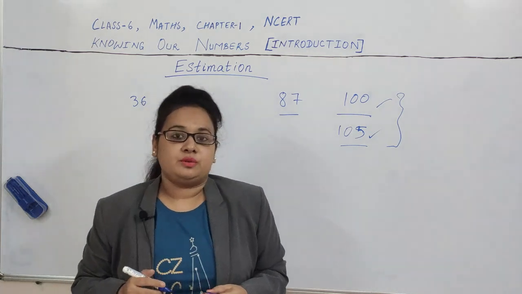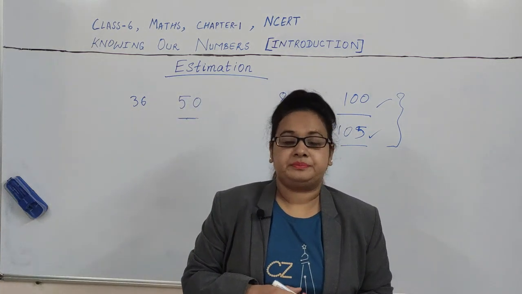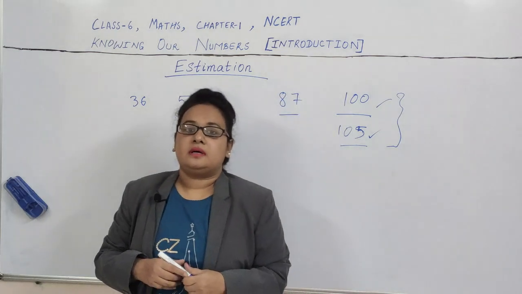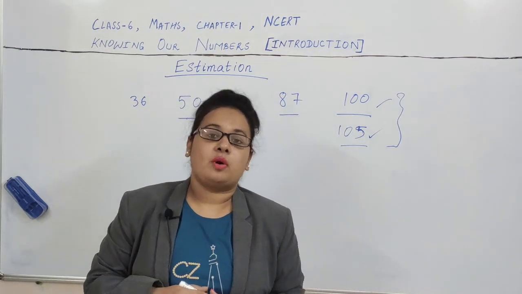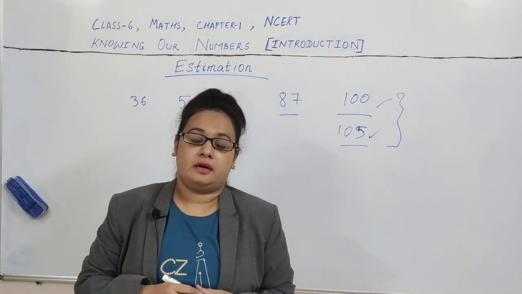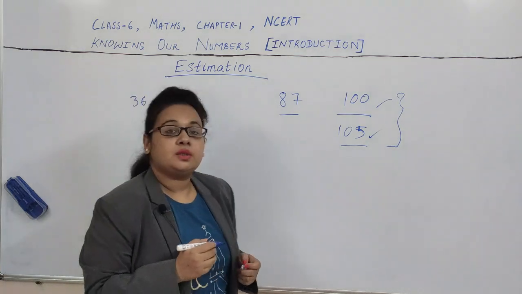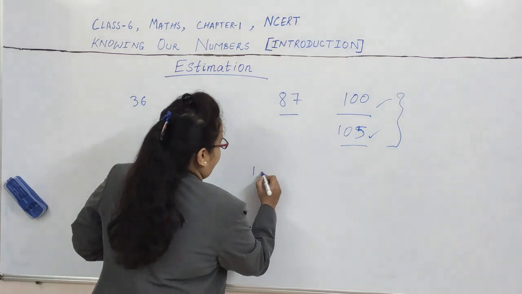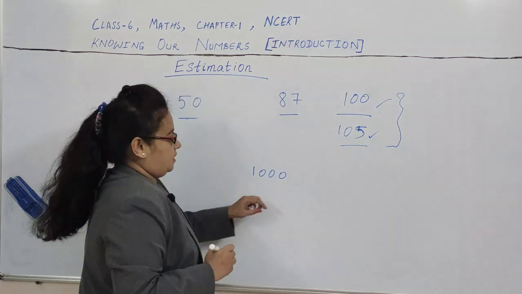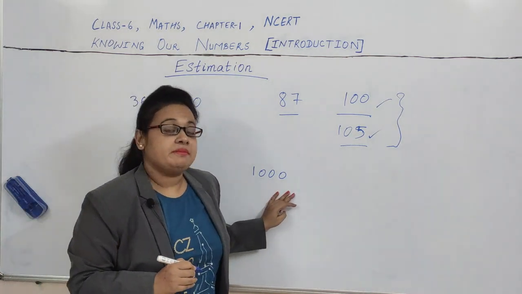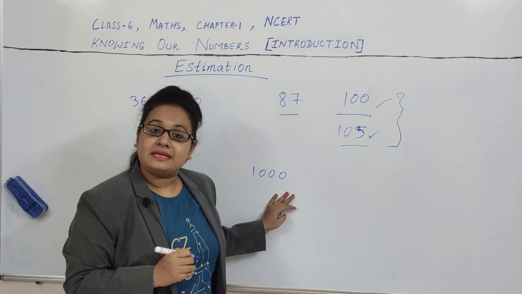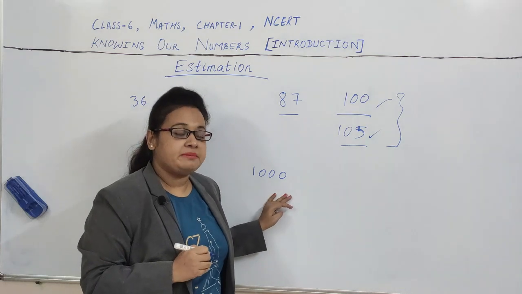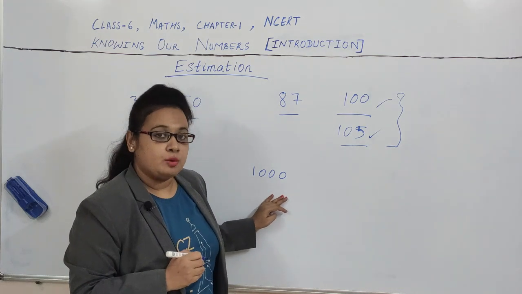Now let us come to the next example. Suppose you are watching TV, a news channel, and you hear news that in an earthquake approximately 1,000 people were killed. Approximately 1,000 means not exactly 1,000 but near to 1,000 people.